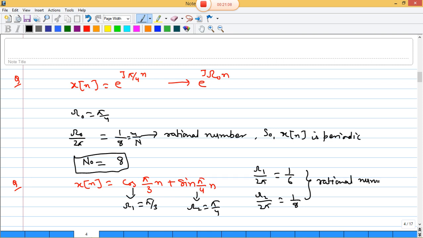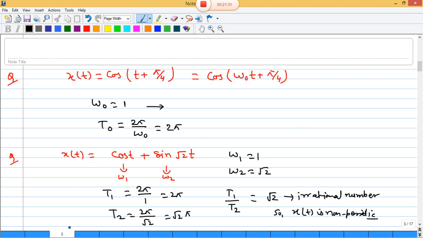So if omega by 2 pi is a rational number in a discrete time signal, then only we can say the signal will be periodic. But in the previous one, in continuous time signal, if T1 by T2 is a rational number, then only we can say the xt will be periodic.